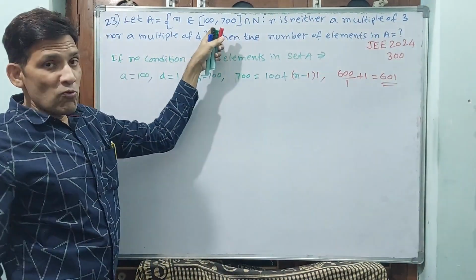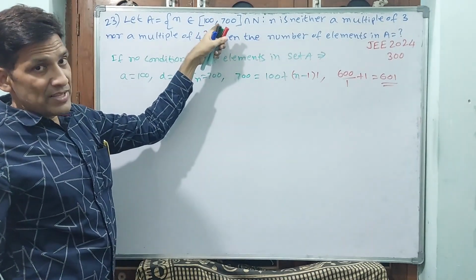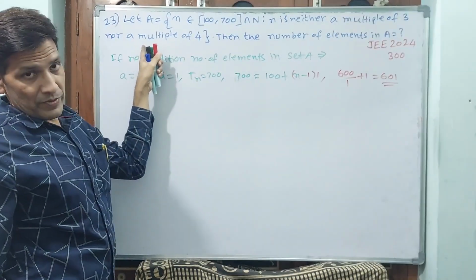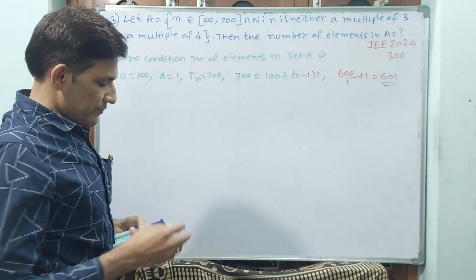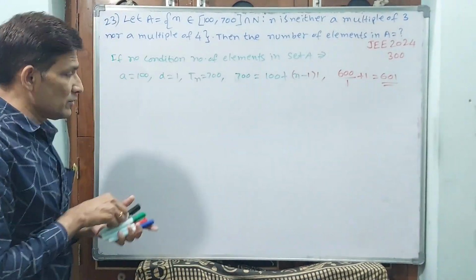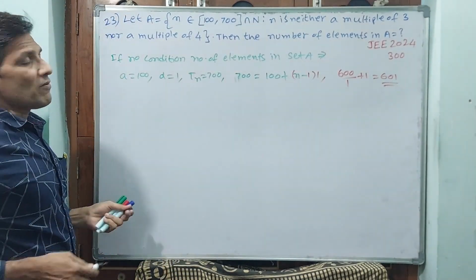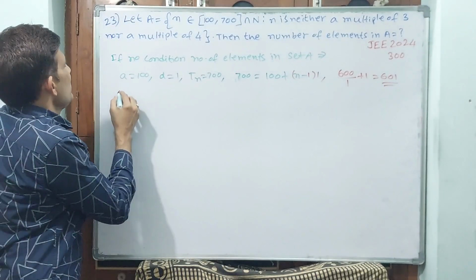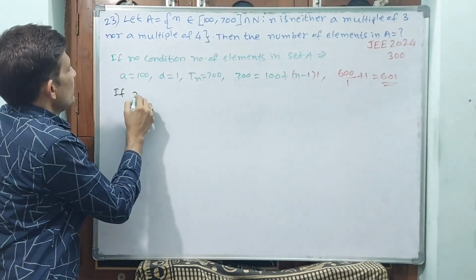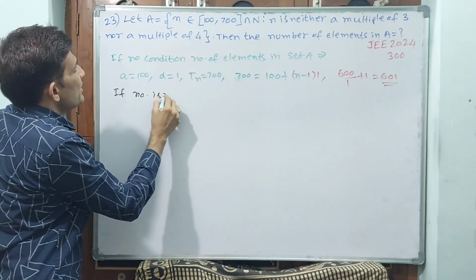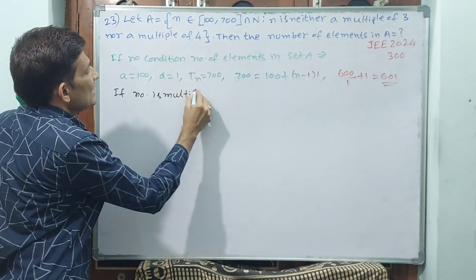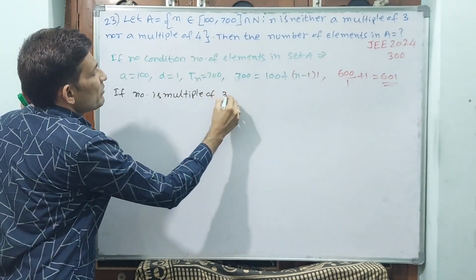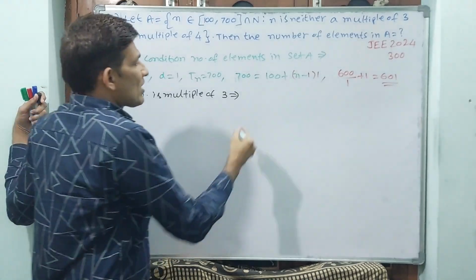But some condition is there. In this, we have to omit those which are multiples of 3 and those which are multiples of 4. Then you have to tell that number. Let me see the multiples of 3, how I am finding. Observe carefully. If a number is a multiple of 3, what are those numbers?